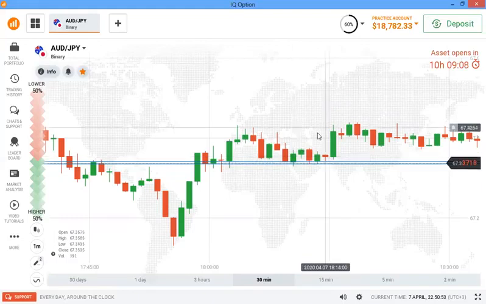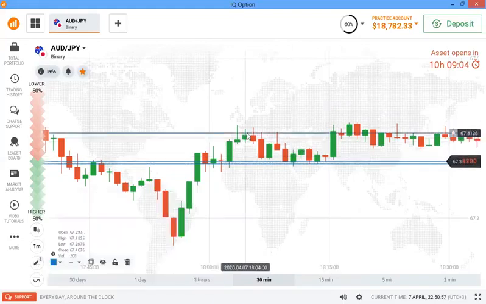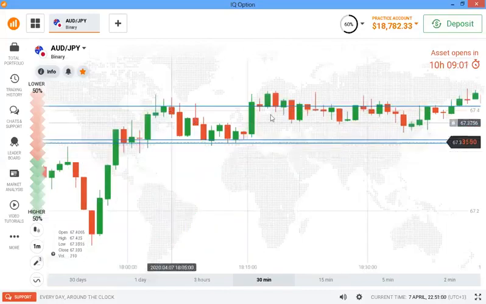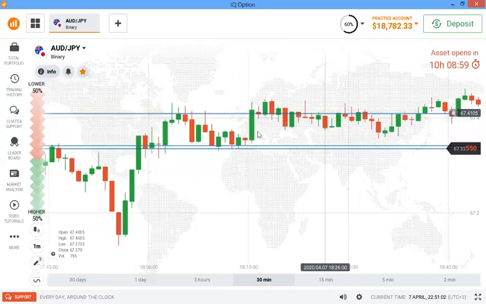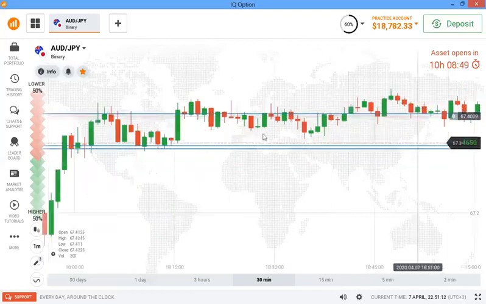If you want to draw the upper side, we have the area here. This area, because the market reversed here. Then check on the same level. If you check on the same level, you can see that on this line I drew, the market reversed multiple times on this level.